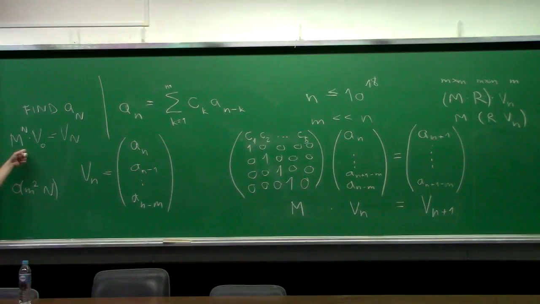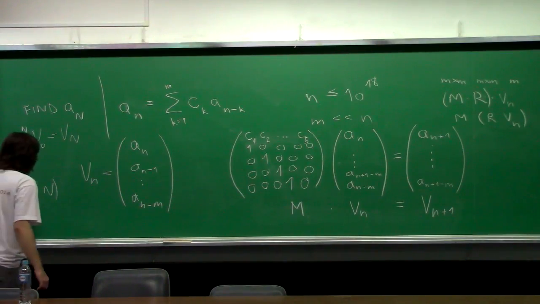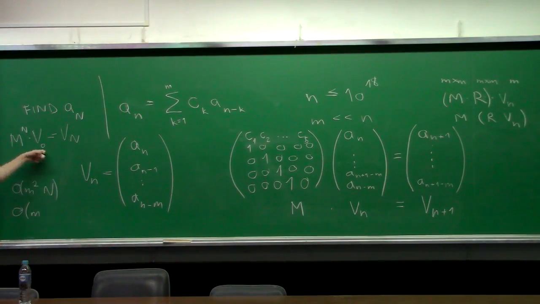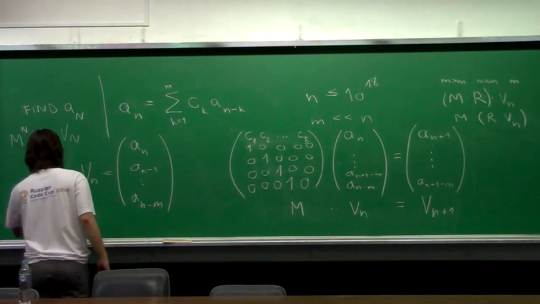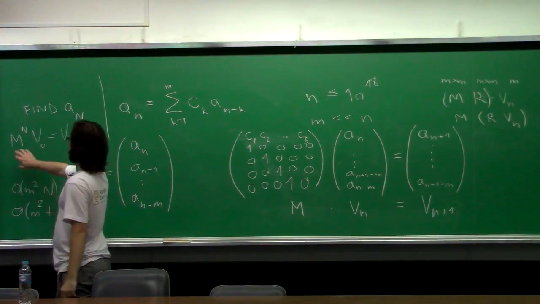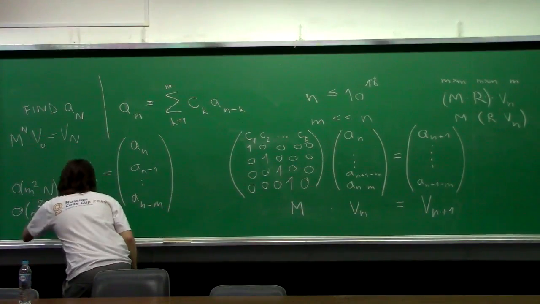And in that case, instead of multiplying a vector by a matrix, we would multiply matrices. We would just compute this M to the power of n completely without knowing this vector V0. And then we would multiply the resulting matrix by this vector, so m squared for this multiplication, plus log n matrix multiplications.